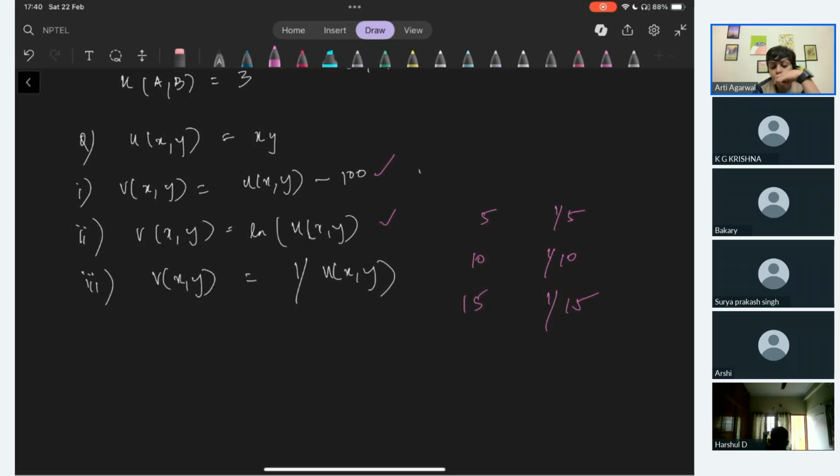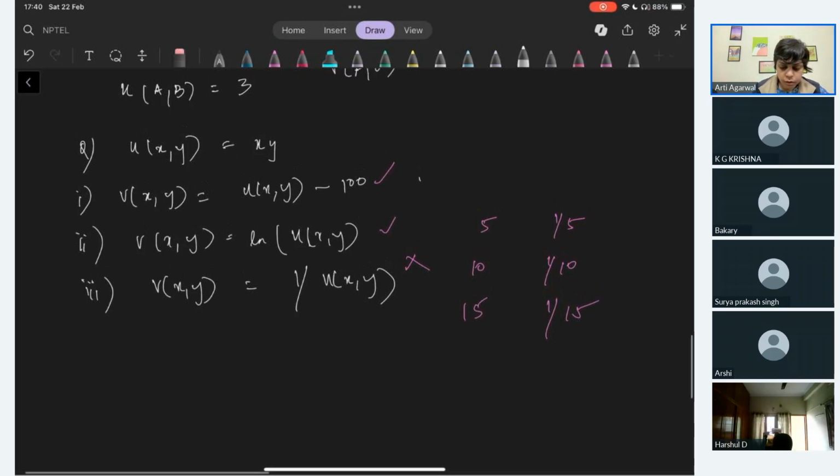And as you can see, that is the opposite of the initial ranking, right? 5, 10, and 15 is in increasing order, whereas 1 by 5 to 1 by 15 is in decreasing order. So this is not going to work. The reciprocal of a function is not a monotonic transformation. Okay, so these are just some extra examples I thought I'd take to illustrate the concept in case it is not so clear.